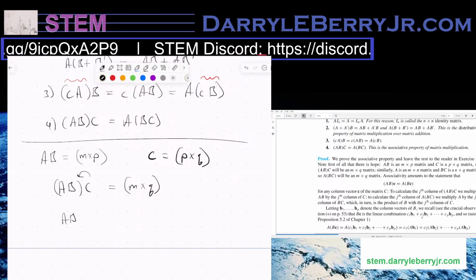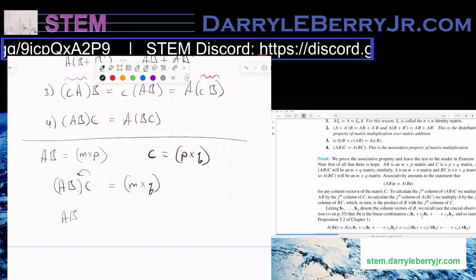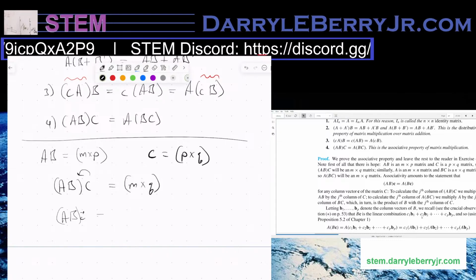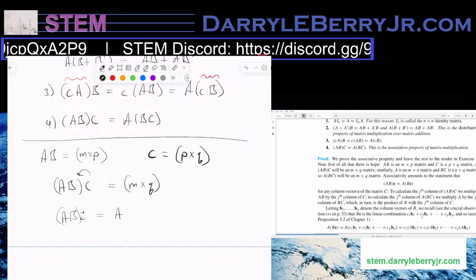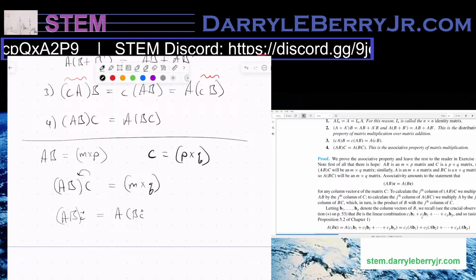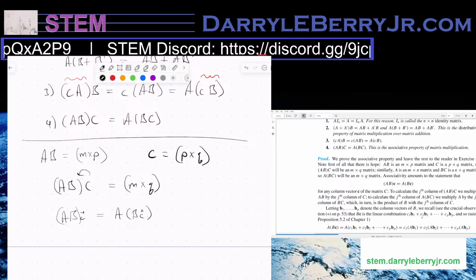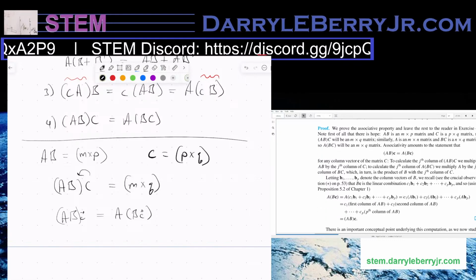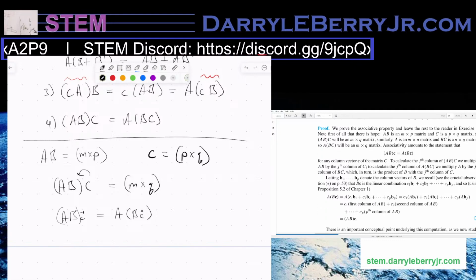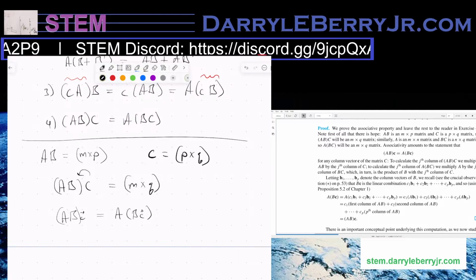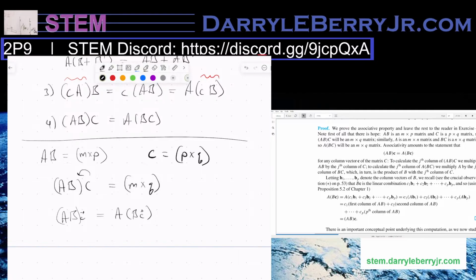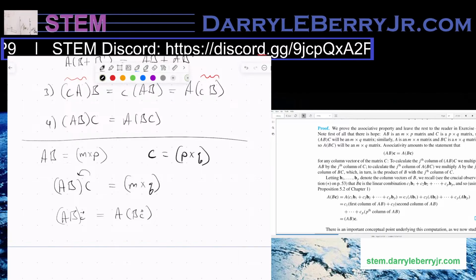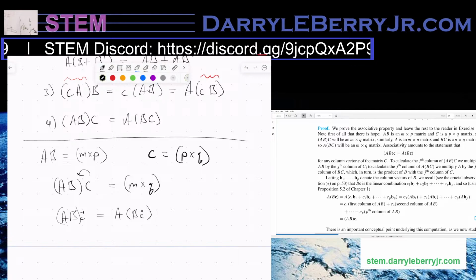So (AB)c equals A(Bc). For any column vector c in the matrix, to calculate the jth column of (AB)C, you multiply AB by the jth column of C. That's right, because the AB becomes one matrix, an m by p matrix that multiplies properly with that.